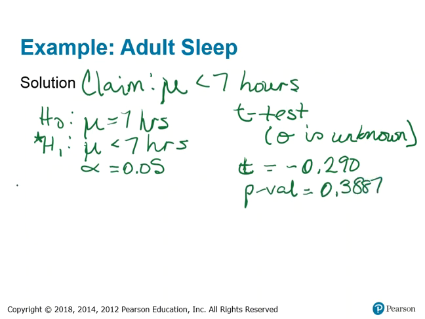I'm going to go ahead and compare my p-value to my alpha level, 0.3887 compared to 0.05. My p-value is definitely greater. Since my p-value is greater, I am going to fail to reject the null.